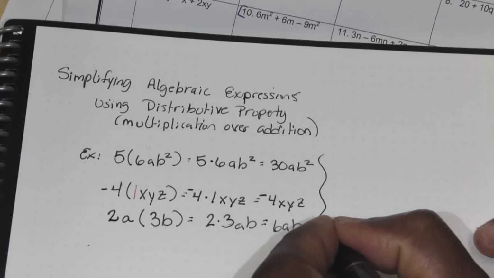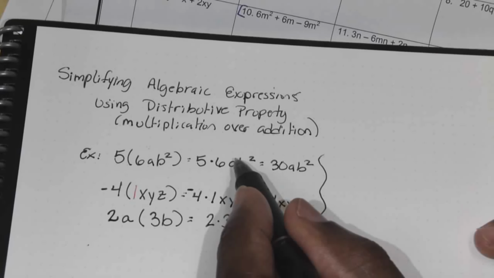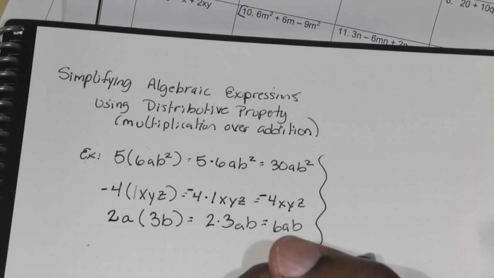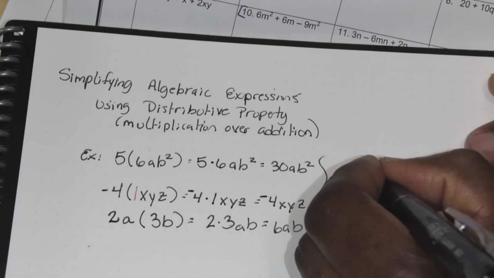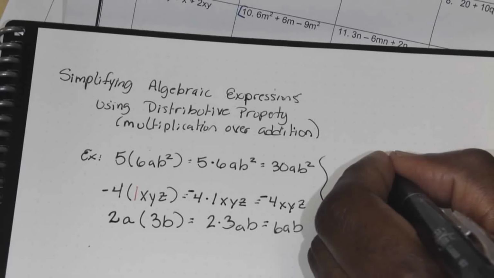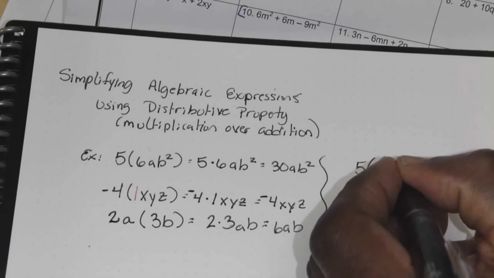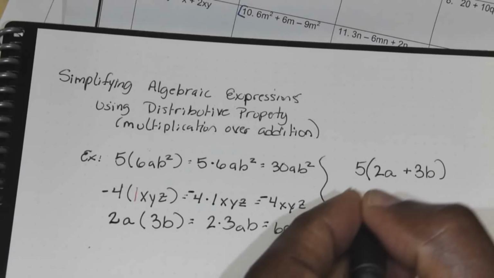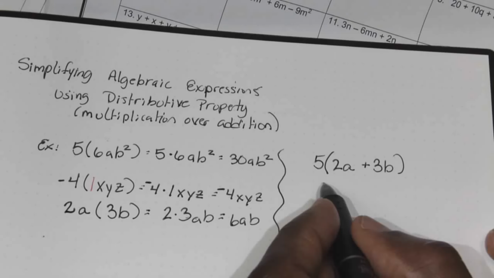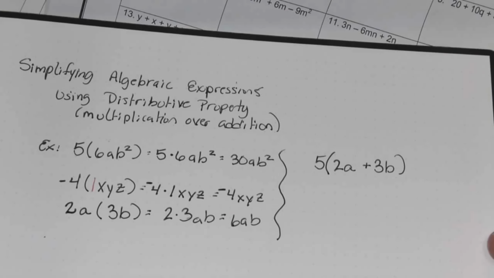All right. Here we go. The distributive property. Remember, the distributive property is multiplication over addition. If the problem was 5 times (2a plus 3b), you have to multiply over this addition here. What am I saying?